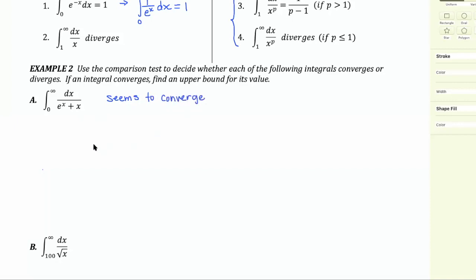Is it non-negative? Well, again, if you plug positive values into this denominator, yes, it's going to stay positive. So this is a non-negative integrand, which means we can use the comparison test. And if we want to prove something converges, we are looking to find an integrand to compare it to that's going to be bigger.